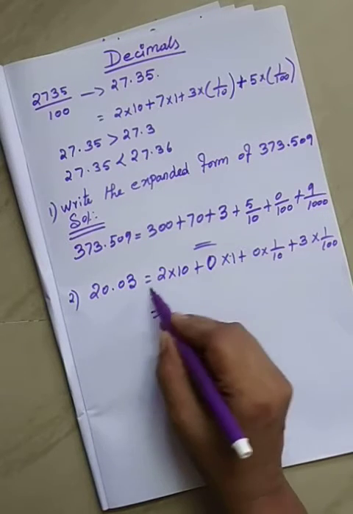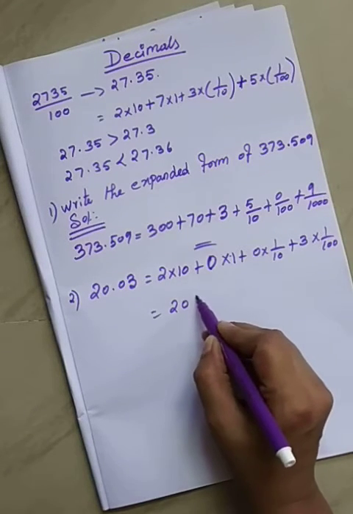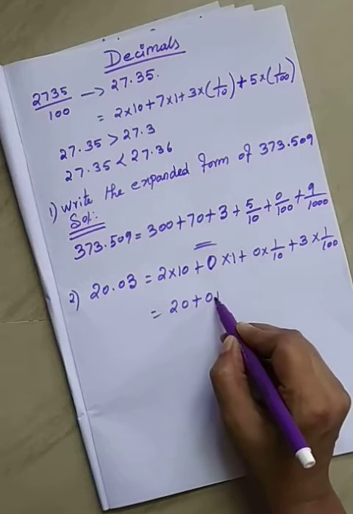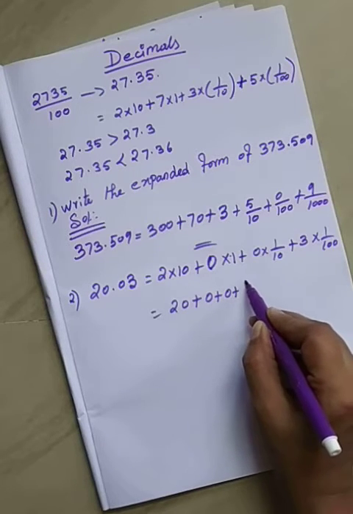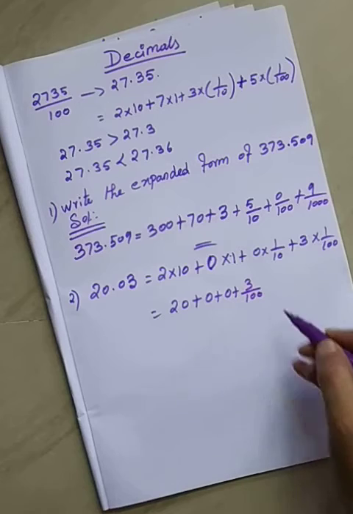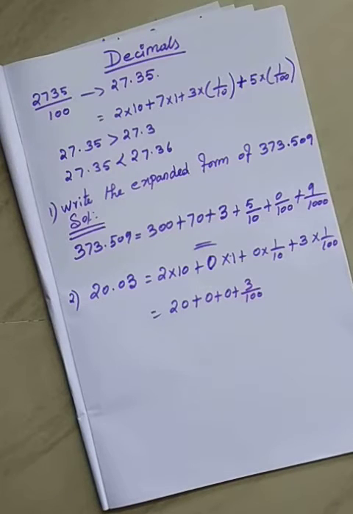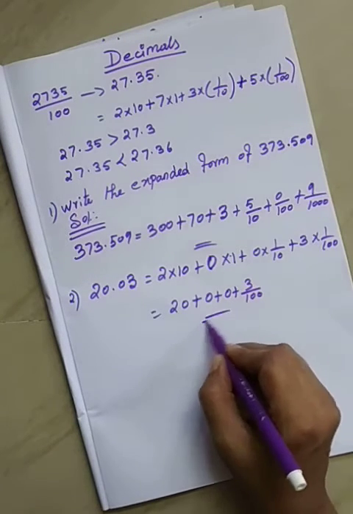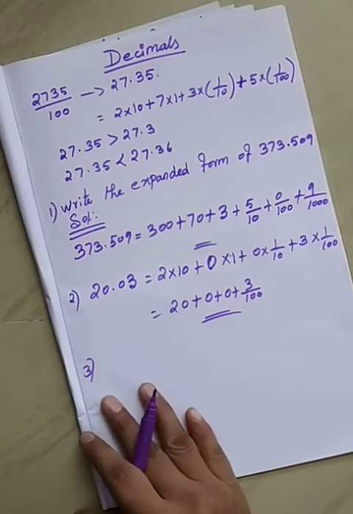That means you have to write 20 plus 0 plus 0 plus 3 divided by 100. Everybody clear? Okay.